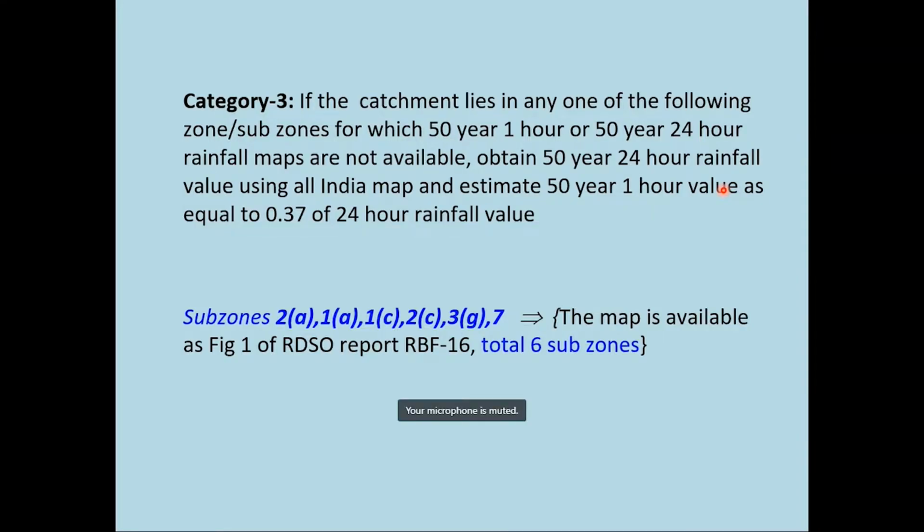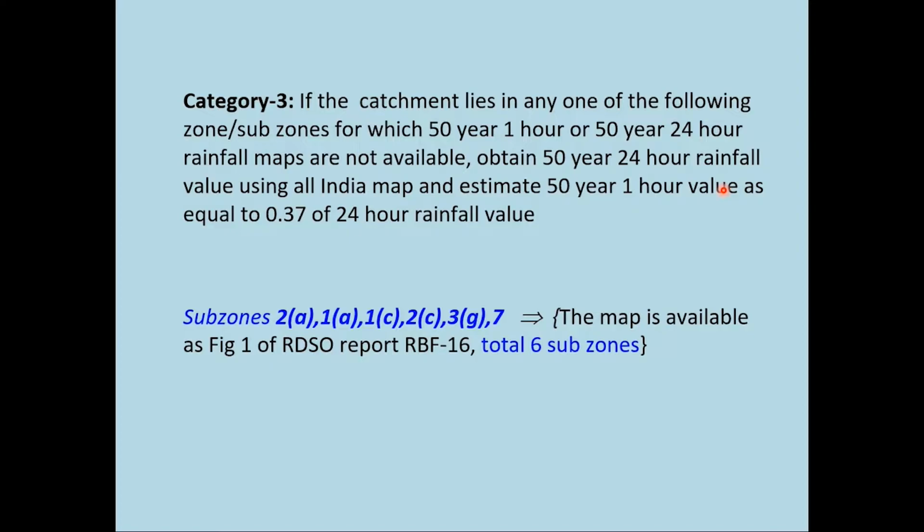You will find, as I will explain in the example, that even by using 24-hour rainfall you can arrive at that value, but then that value will be at variance of almost plus or minus 4-5%. And in the discharge calculation, you will find that a 4 to 5% variation is not very significant.